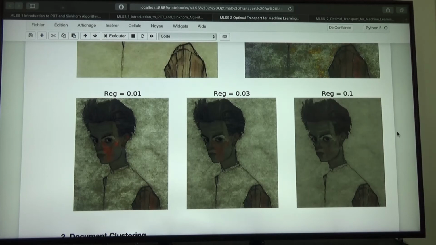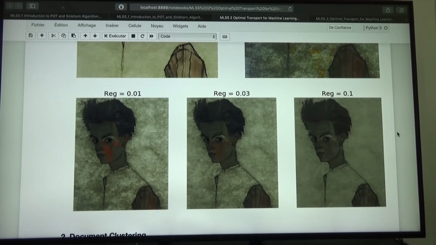Of course, the price that you pay for that is that you're less faithful to the real color palette that you wanted to mimic, right? If you take the regularization strength to be 0.1, your image is not irregular, it's better, but you completely lost the fact that in the target image you had some very strong colors like vivid red, blue, or green, etc. So you lost this information.